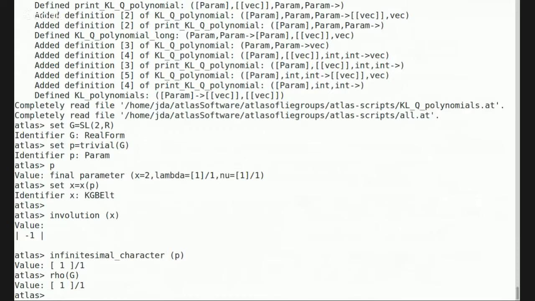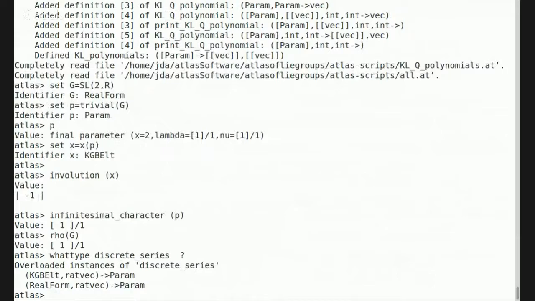And last time we talked about discrete series. So for example, I can look at the discrete series of G. I forget the syntax here, so I'm going to remind myself what type of discrete series. You give it a KGB element and a rational vector.